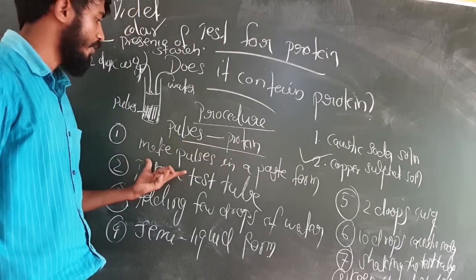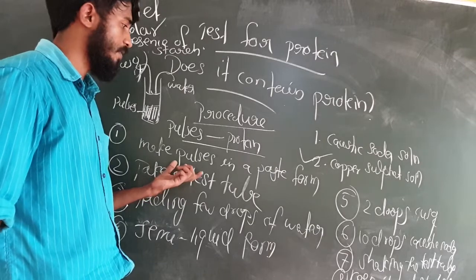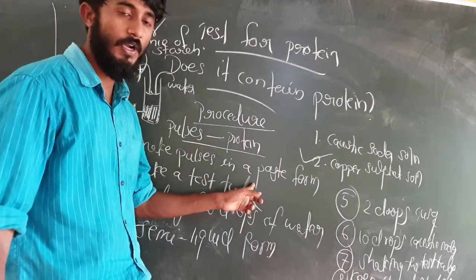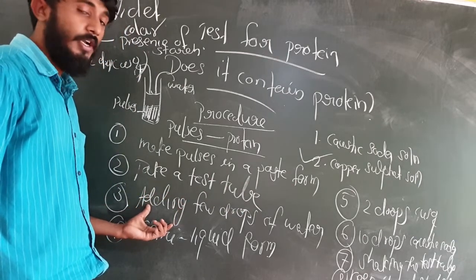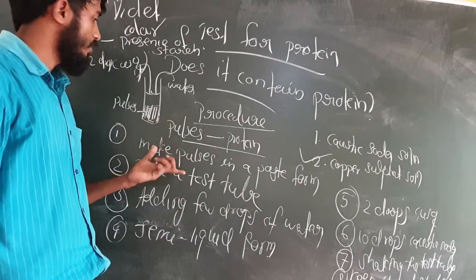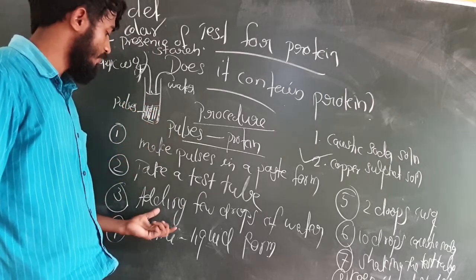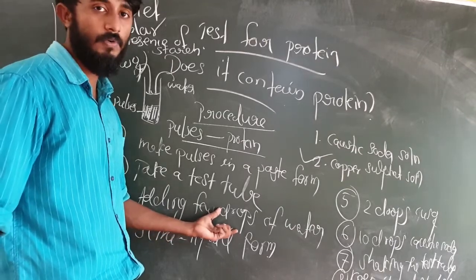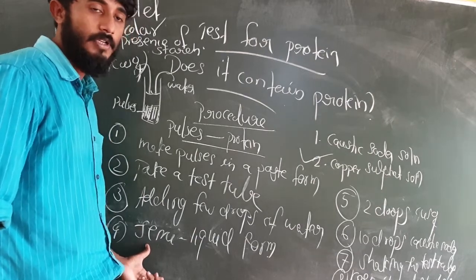First of all, we need to have a food item. Here we have pulses, and we need to convert that pulses in a paste form by using a mixer grinder. And we need to have a test tube, and we are adding that pulses into the test tube, followed by a few drops of water, so that we are getting a semi-liquid form of that.